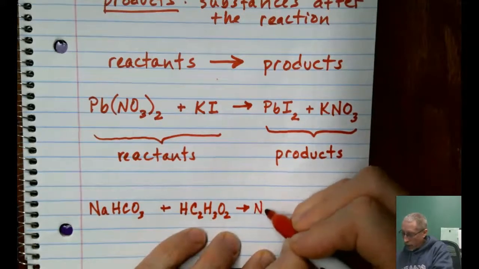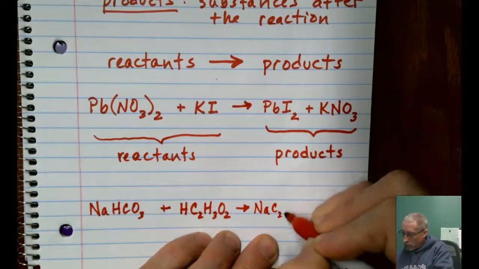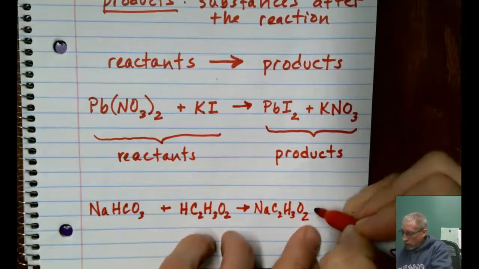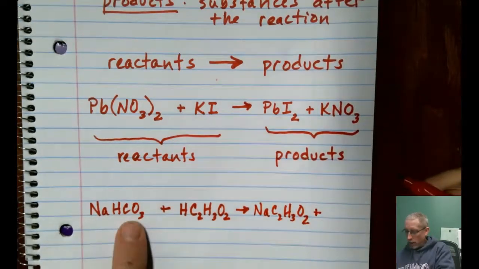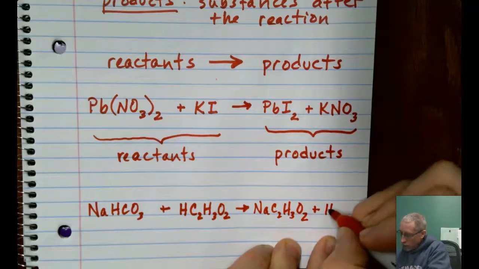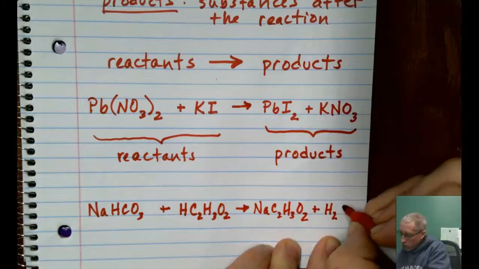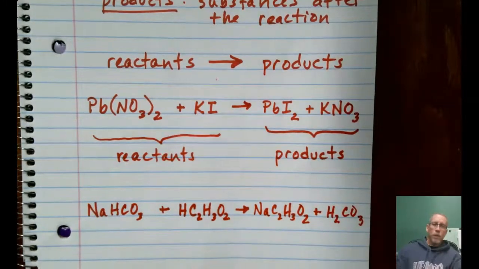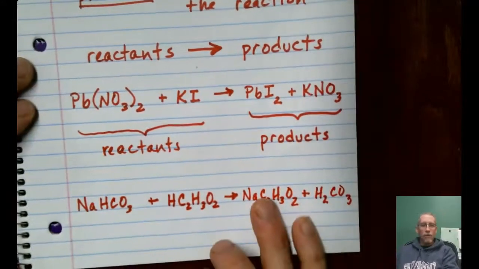So that's NaC2H3O2. And then we have the hydrogen bonded with the bicarbonate. So we write H2CO3. Again, trying to squeeze it in the paper that I have here.